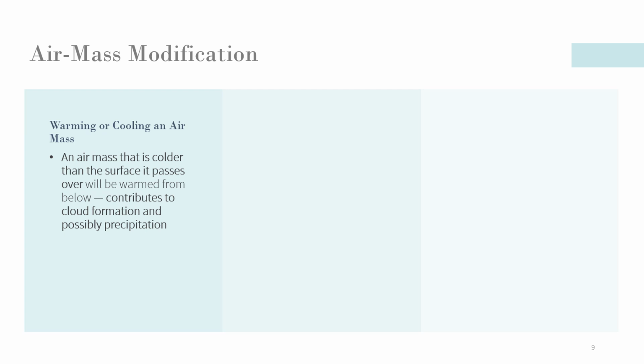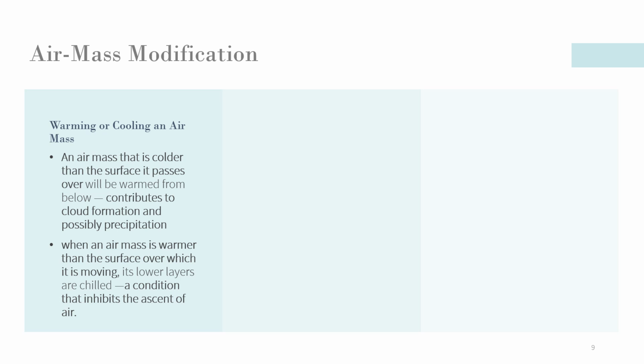And when the opposite happens, when the air mass is warmer than the surface over which it is moving, that means its lower layers are chilled. So in the first example, the air mass will be warmed from below because the surface it passes over is warmer compared to the air mass itself.